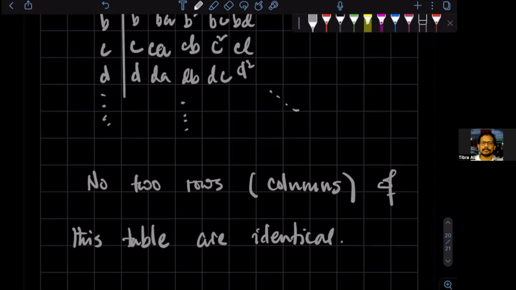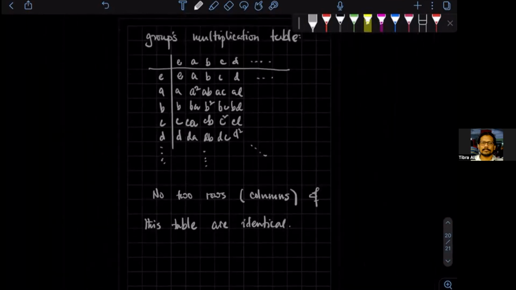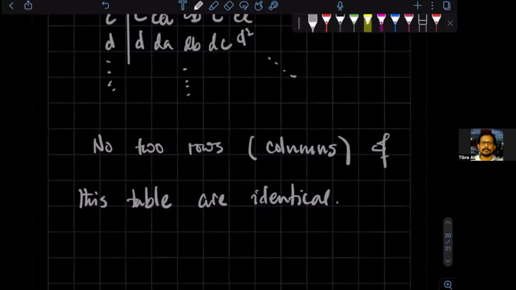They all have the same elements, but they are shuffled and their ordering is different, right? So how do we prove this? Of course, we use our favorite technique, which is reductio ad absurdum.